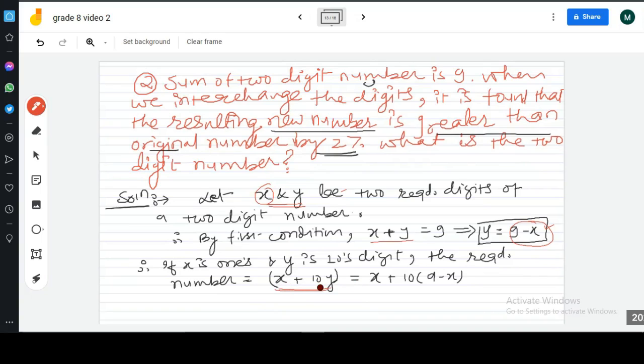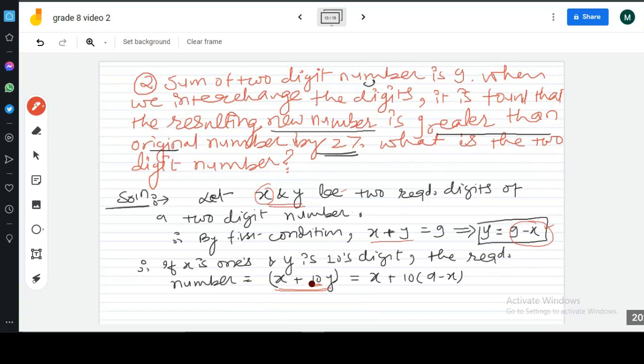Why have I multiplied this y by 10? Because y is a tens place digit. So for the tens place digit, to get a number we need to multiply it by 10, and the units or ones place can be written as it is. So the sum of these two will give us the required two-digit number.